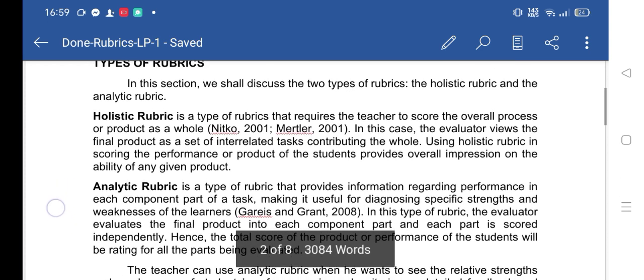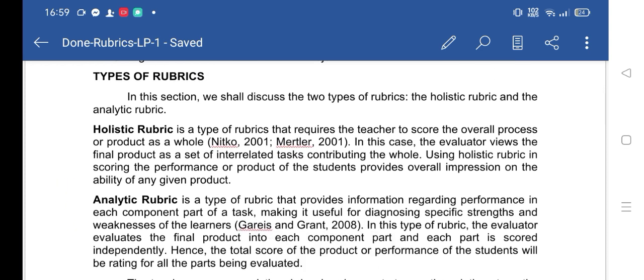So let's move to the types of rubrics. We have first the holistic rubric. A holistic rubric is a type of rubric that requires the teacher to score the overall process or product as a whole, according to Nitko 2001 and Brualdi 2001. In this case, the evaluator views the final product as a set of interrelated tasks contributing to the whole.